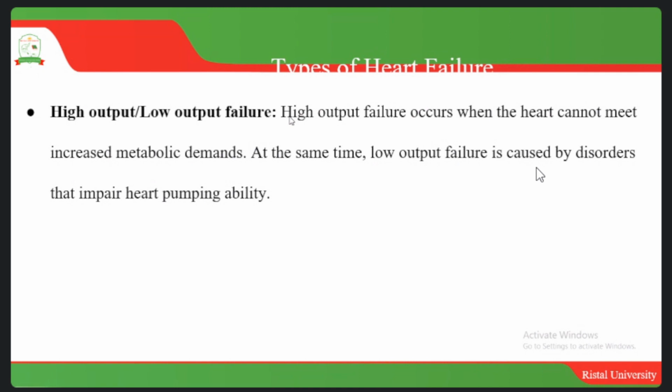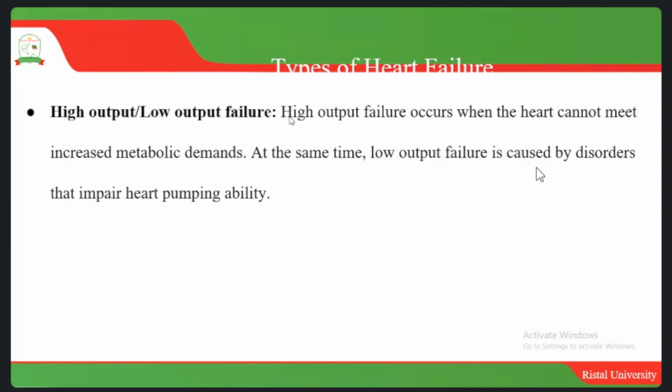So when you look at this high output or low output failure, this condition is rare. Most of our clients don't have it, but sometimes they present with increased or little output.